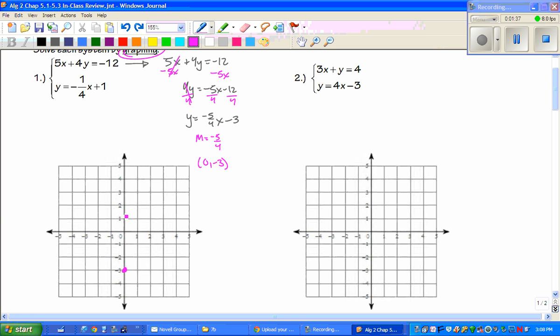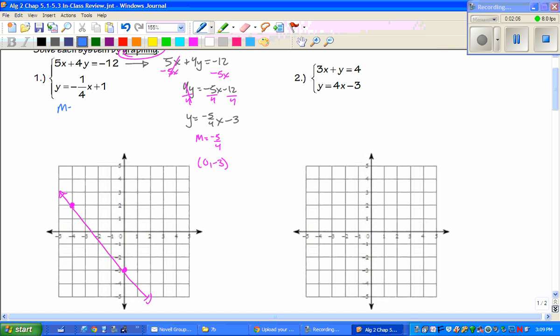So 1, 2, 3, 4, 5, and then to the left 4. Because what that actually makes is a negative line. You want to make sure that the slope is negative, so it goes down. And when I draw my line, there we go. All right, let's look at the next one.